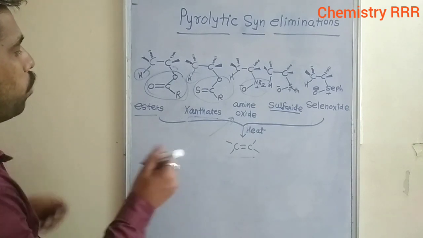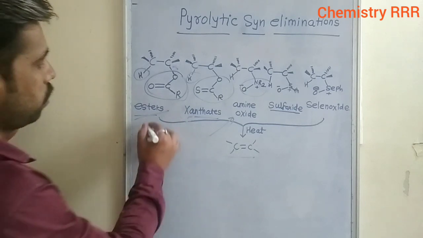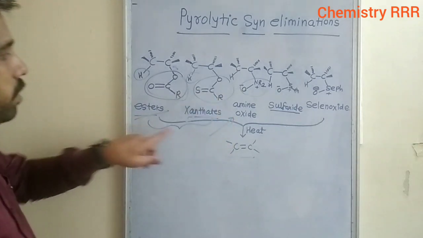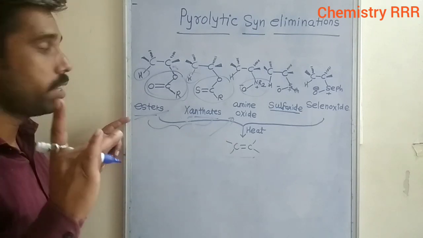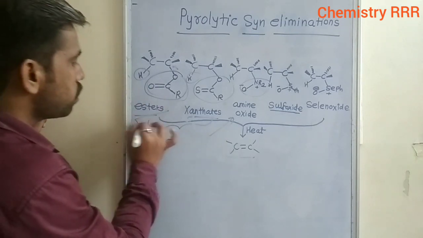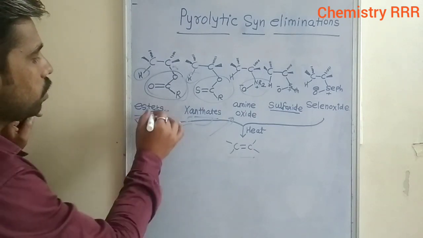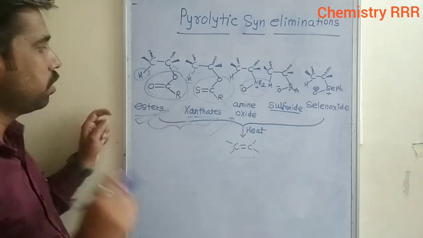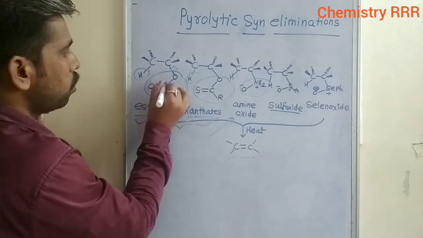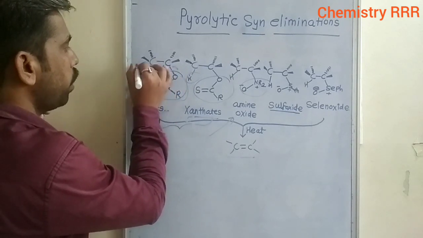Now the next point is for the pyrolysis of ester and xanthates. For the pyrolysis of ester and xanthate, there is an involvement of the 6-member transition state. Remember one thing, when we pyrolyze the ester, there is an involvement of the 6-member transition state. That is 1, 2, 3, 4, 5 and 6.